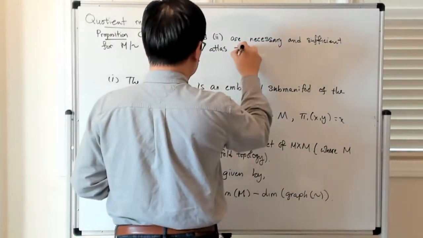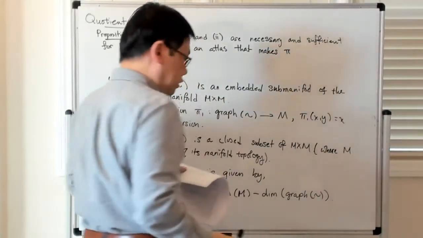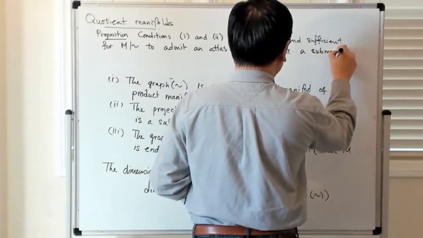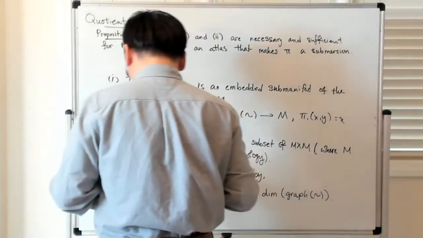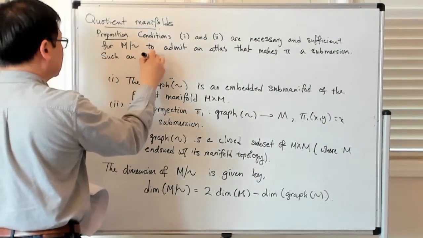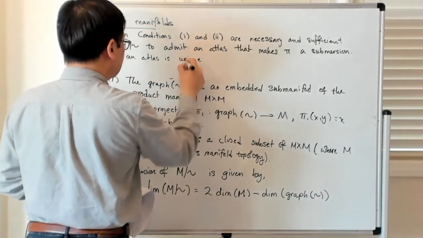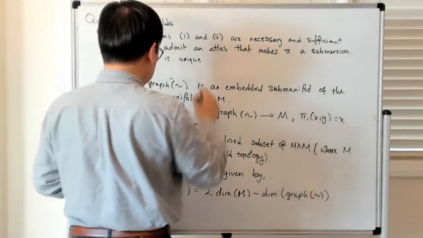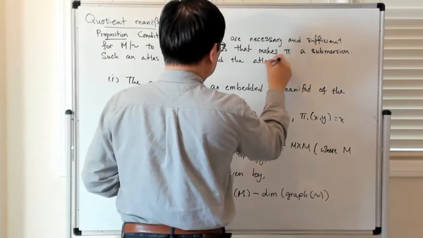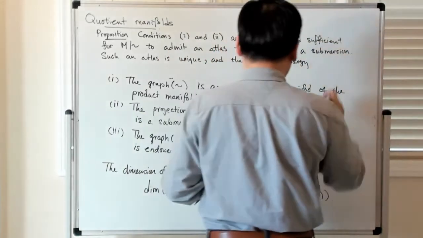That makes the canonical projection a submersion. Okay, and then such an atlas is unique. And the atlas topology is identical to its quotient topology.